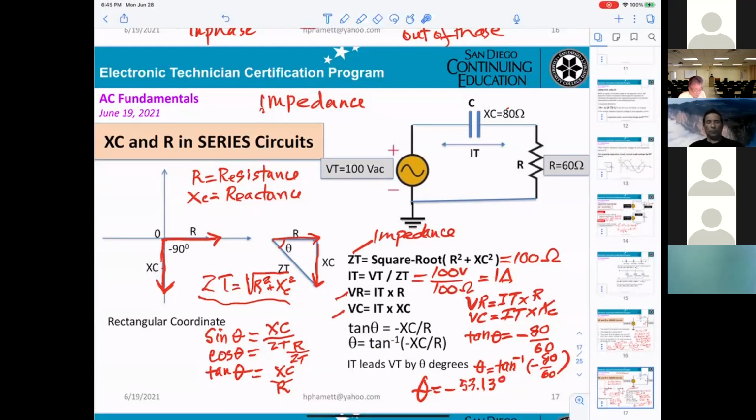Minus 53.13 degrees. What is that angle? Sometimes they can ask you, what is that angle for? Who can tell me?